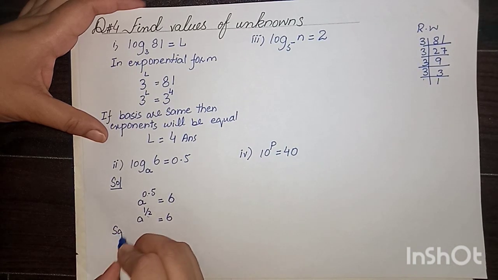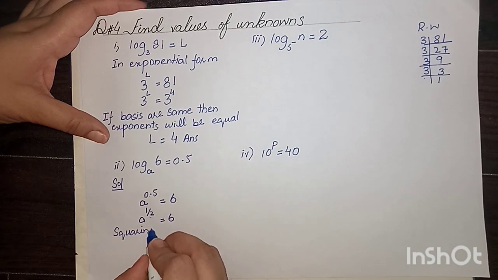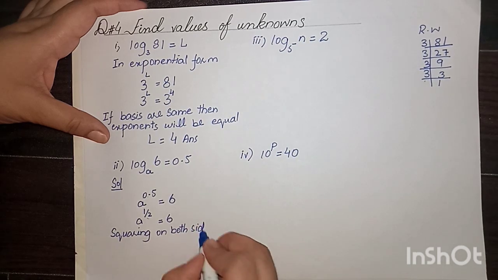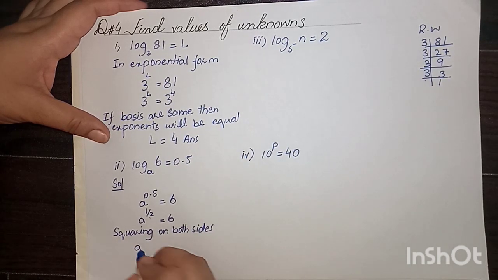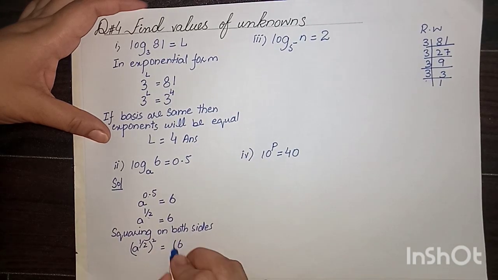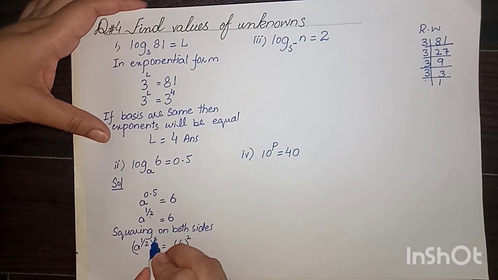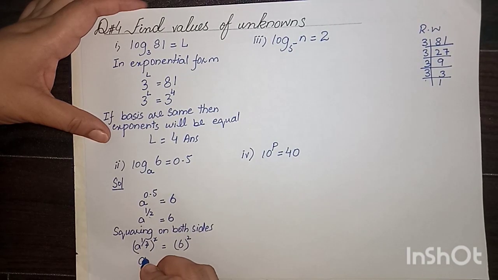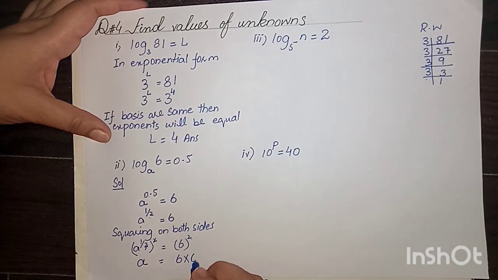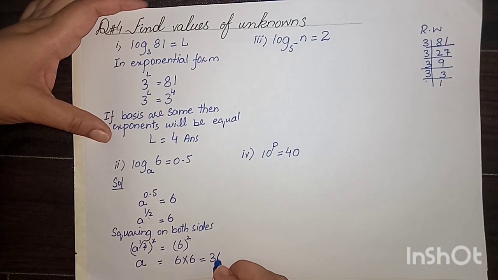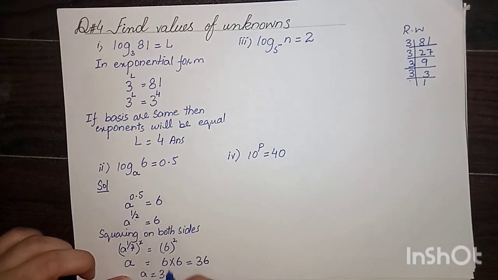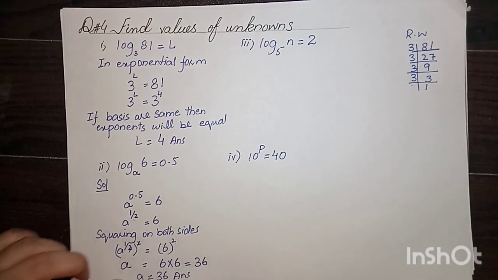So squaring on both sides, this is a to the power 1 over 2, whole to the power 2, is equal to 6 squared. This 2 cancels out with this one. This is equal to a, and 6 squared means 6 multiplied by 6, which is equal to 36. So that means a is equal to 36 is my answer.